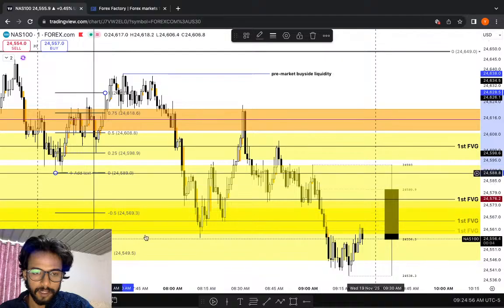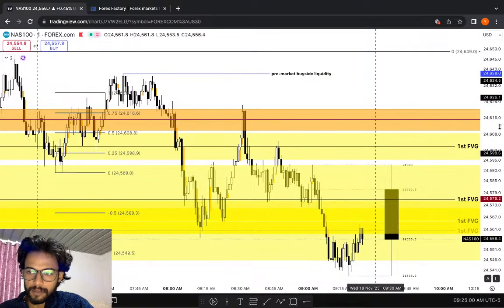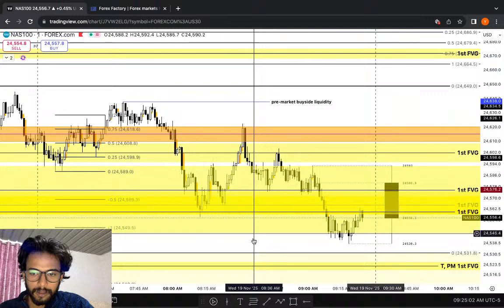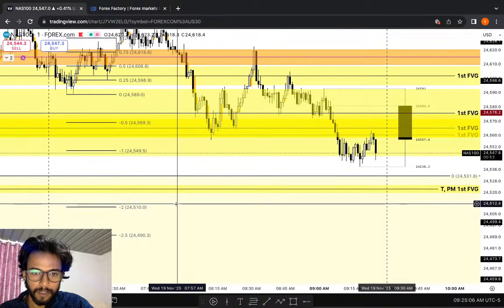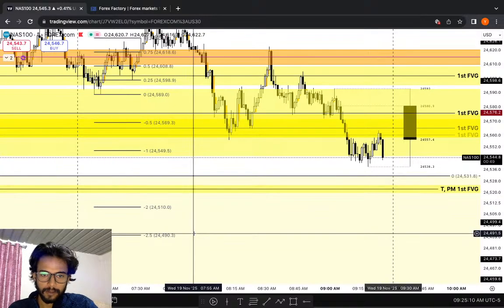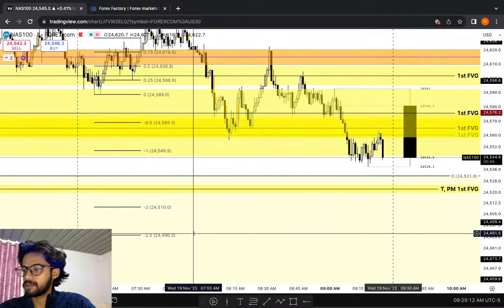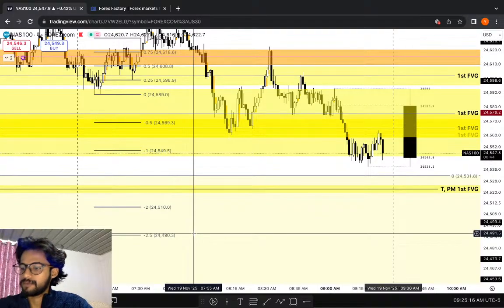I have marked the negative 1.5 standard deviation, and this right here is negative 2 and negative 2.5. So it is interesting to watch how we are going to move today.